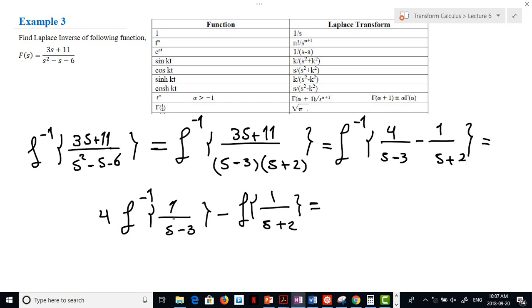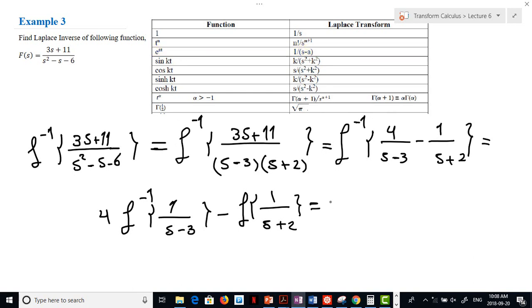So now I look at the table, and here I have 1 over s minus 3. In denominator I have s minus 3, so I have to see it's close to which Laplace transform. So here we have it, 1 over s minus a. So if I consider a equal to 3, we have exactly 1 over s minus 3. As a result, the Laplace inverse of 1 over s minus 3 is equal to e to the power of 3t.